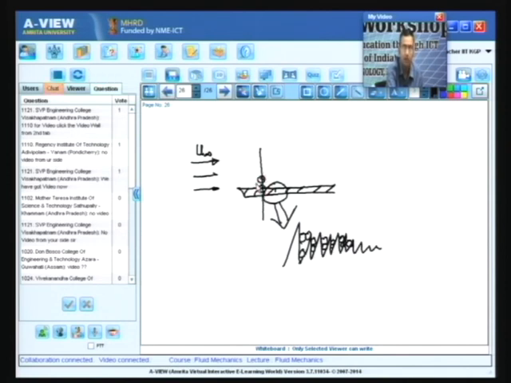The wall creates a momentum disturbance, and this disturbance is propagated through the fluid by means of a fluid property, and that fluid property is nothing but viscosity. So, because of the viscous effect, the next layer of fluid which is not directly in contact with the wall also feels the effect of the wall, but implicitly.